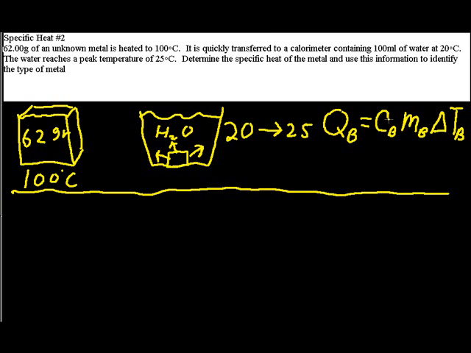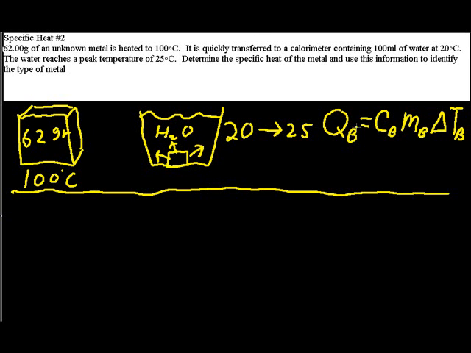So in order to solve for that, I need to know the total amount of heat that was moved in the block. I need to know the mass of the block. I need to know the change in temperature of the block. Well, we actually know how much the temperature changed by. We know the mass of the block, but we don't know the specific heat. We don't know the amount of heat that was involved.